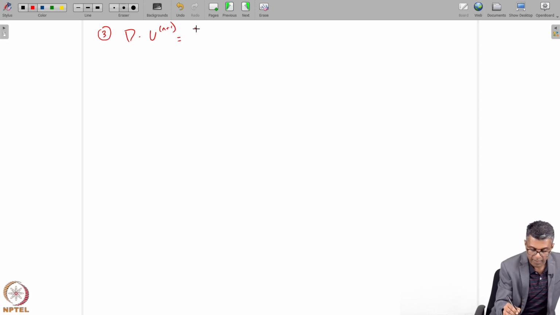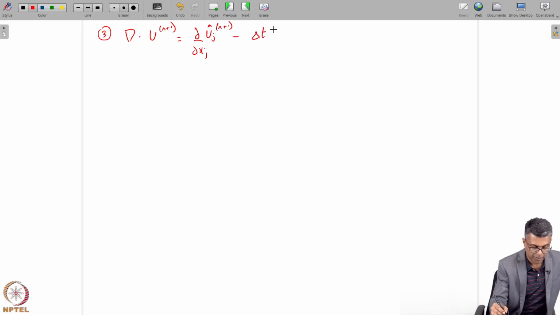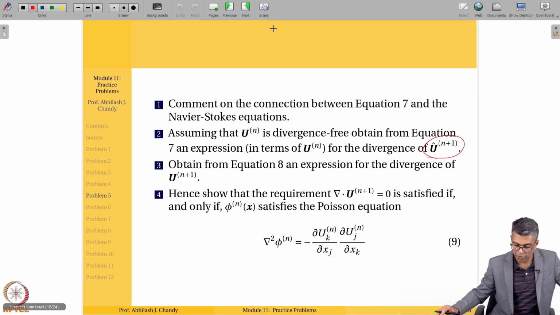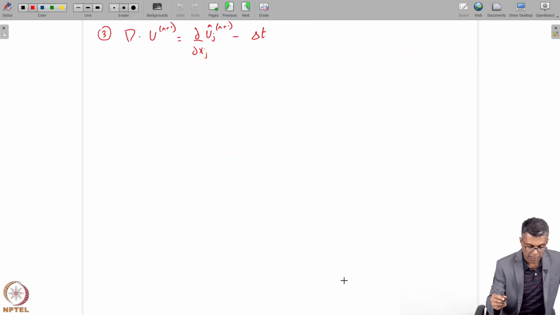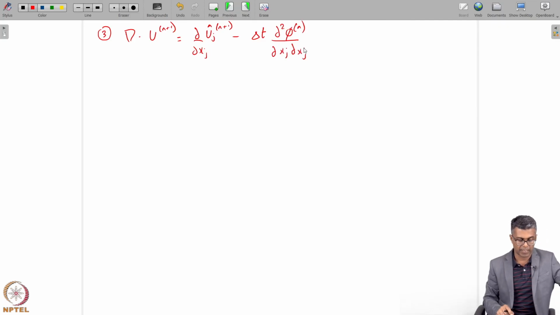So it would be del xj, and it would be the intermediate velocity uj hat n plus 1 minus delta t times, remember, if I go to equation 8, it is right here, delta t times del xj of phi n, isn't it? So it will be delta t times del squared phi n del xj del xj. This is what I have.